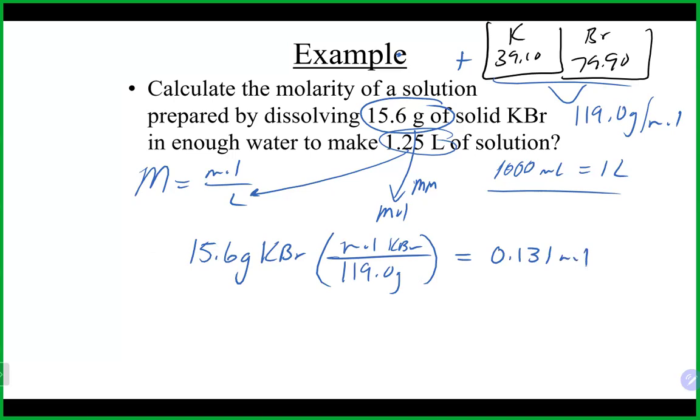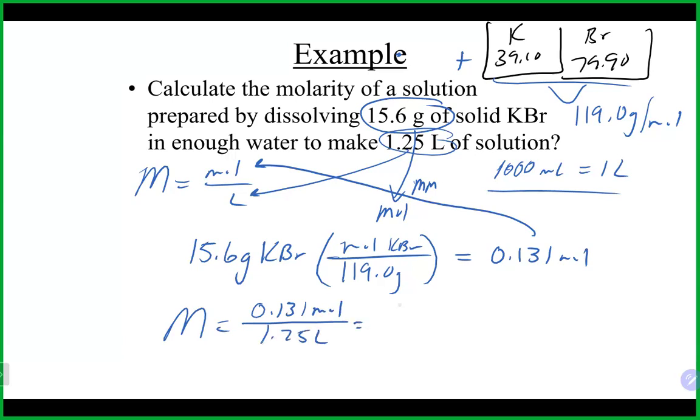At this point here, we now have the top thing that we need there for our molarity. And all that's left really is just to divide the two numbers that we need. And if we do that here, our molarity will be 0.131 moles over 1.25 liters, going to get us here 0.105.